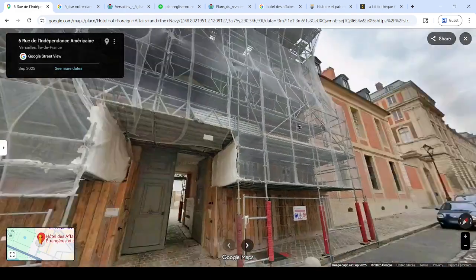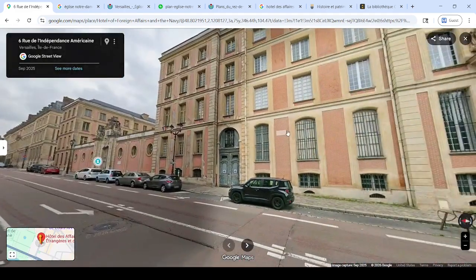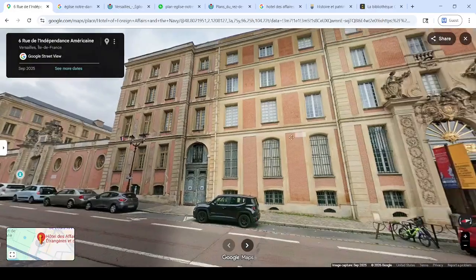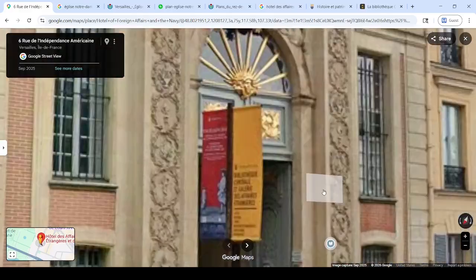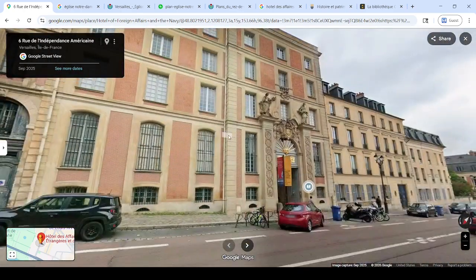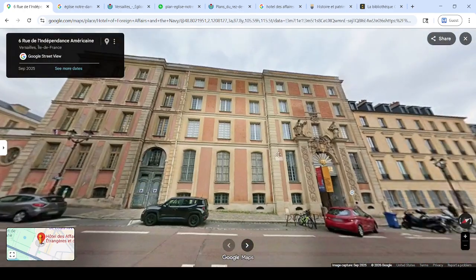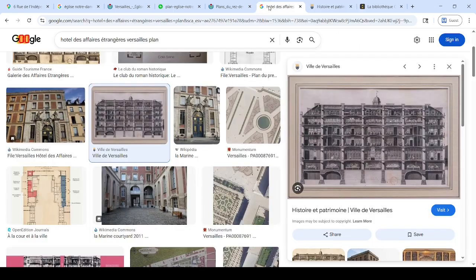Oh, wait a second. No, that's the palace side. Here it is, over here. Yeah. So it looks like there's the main entrance. See, it says it's the library. So I believe that it's a U-shaped building.